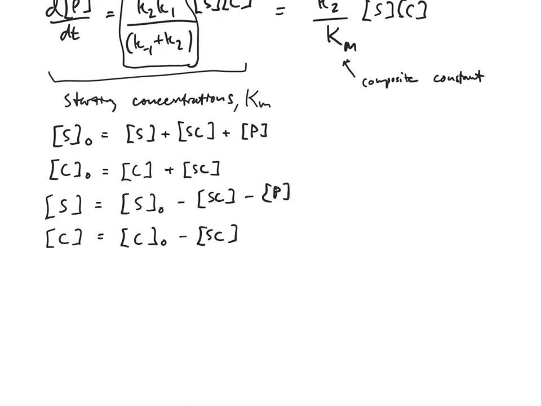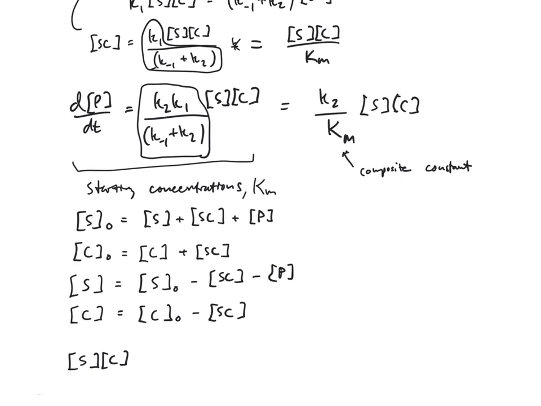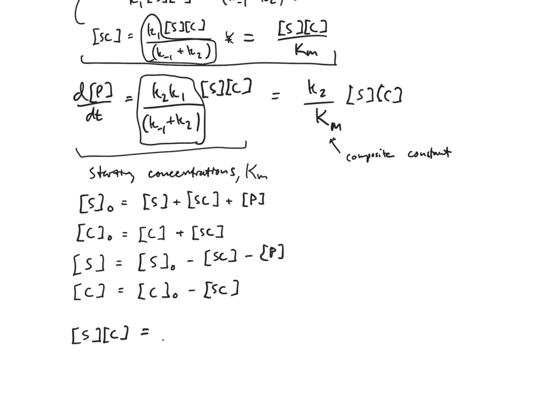Okay, now if we take a look up top, we want to find the concentration of S times the concentration of C in our rate law expression right up here. Then we're going to use what we found right up there and realize, okay, this equals concentration of SC times Km.